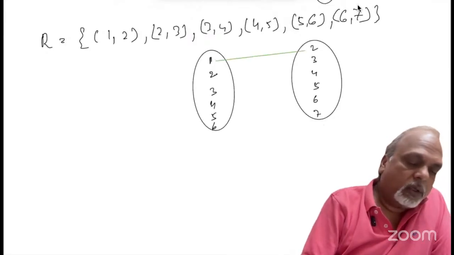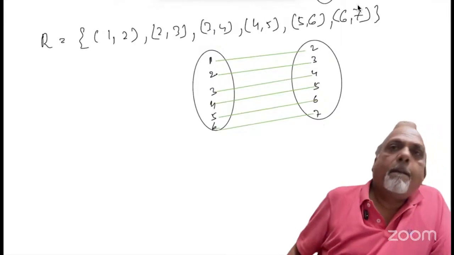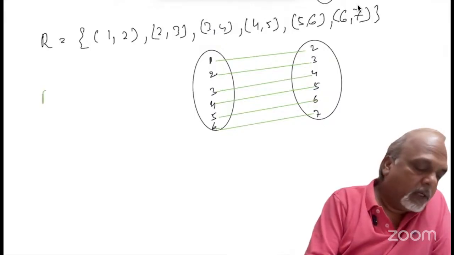One is related like this. So every element of the domain has got a distinct image. So R is a function.